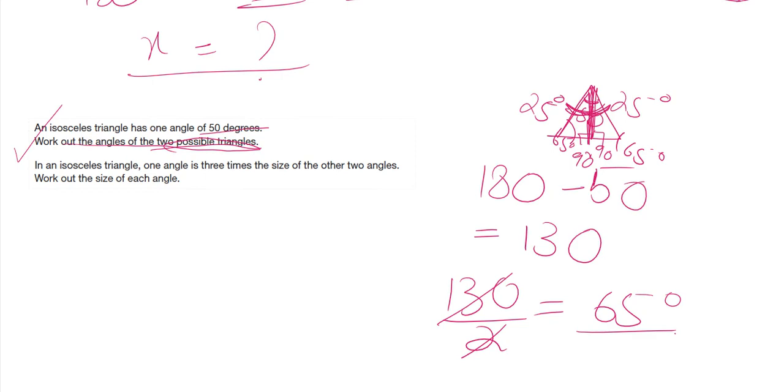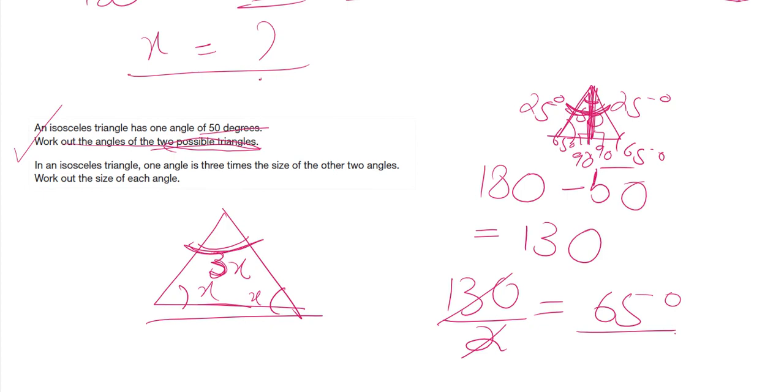In an isosceles triangle, one angle is three times the size of the other two angles. Let's say this one. Obviously this angle will be greater than the other two angles. So let's say these are x and 3x, because this angle is three times the size of the other two angles.